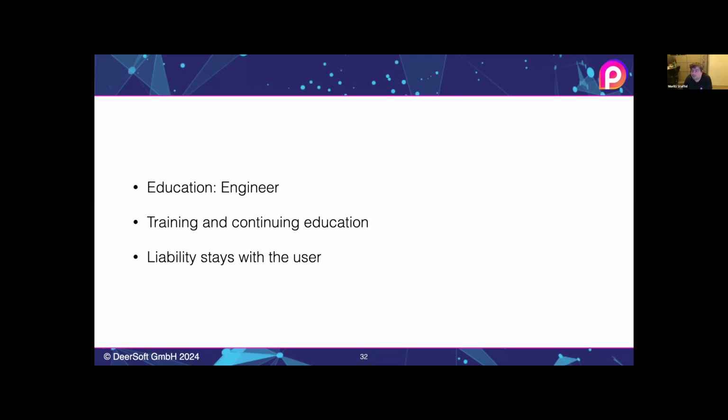The VDE definitely says that you need to have an education as an engineer. They also say you need to have at least a bachelor degree, and you need to have training for this. That's the reason why, if you buy a license from us, we immediately offer you training, so that you actually know what you're doing, and can continue your education.